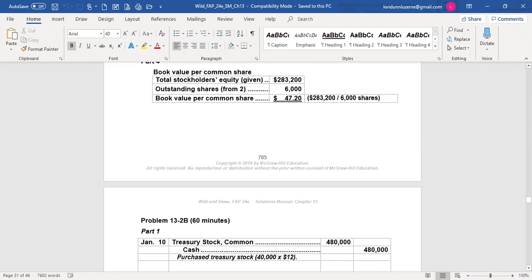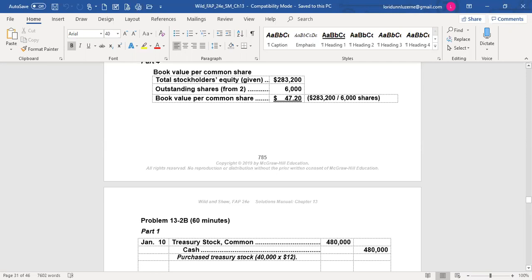Now you need to keep something in mind. At the top, when it told us the common stock, it said there were 320,000 shares authorized. That's the maximum they could sell. As of the beginning of the year we're working on, I want to keep track of the outstanding shares. That's very important for calculating dividends.